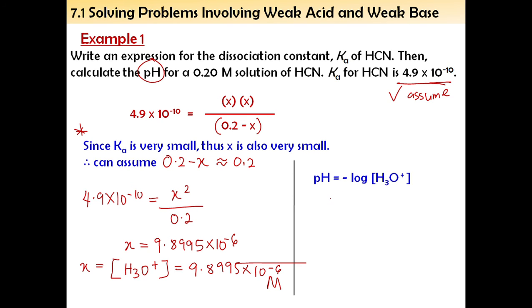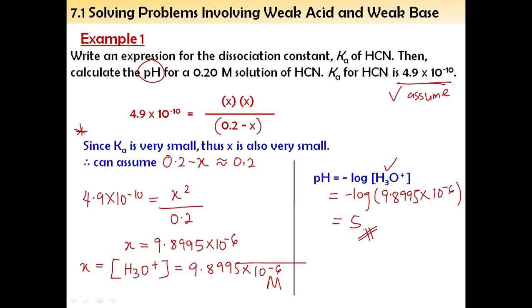So, once I have this, I can substitute into the formula, and then press the calculator, and you will get the answer for the pH value, which is 5. Okay, so hopefully everyone can calculate, and this is the answer. We have finished example 1.